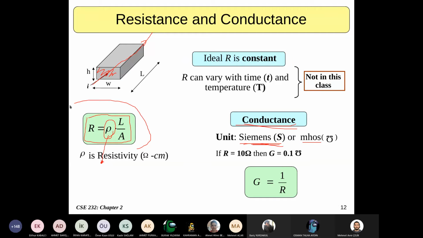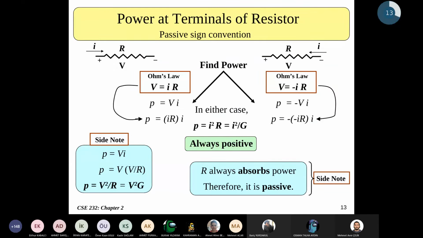In most cases, we don't really worry about this. Physicists or electrical engineers know how to calculate the resistance of a wire, a conductor, or sometimes semiconducting materials. What we really work with is Ohm's law. The current passing through a resistive element will produce a voltage, or vice versa.